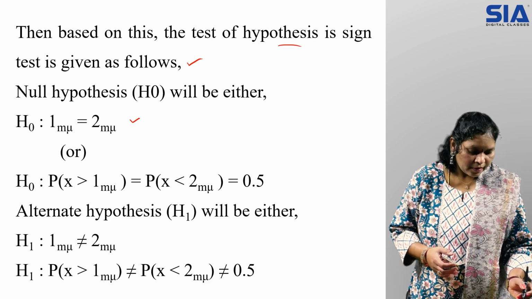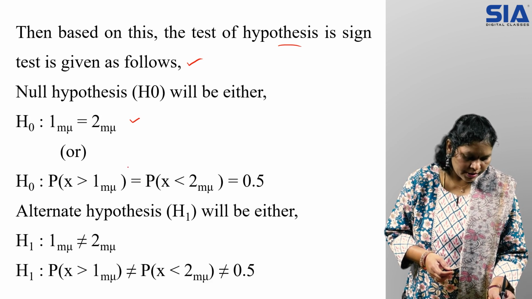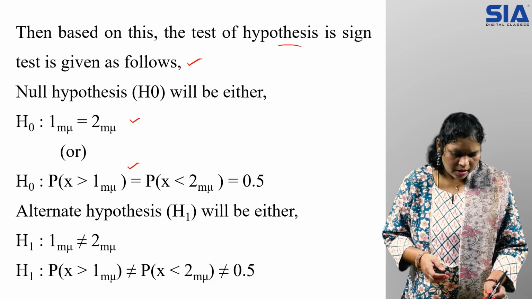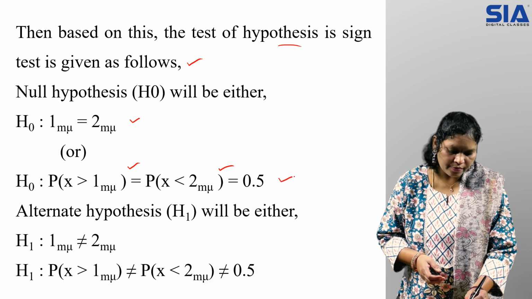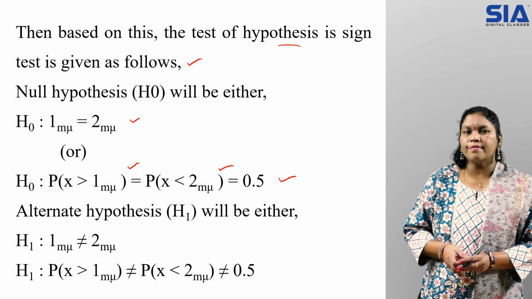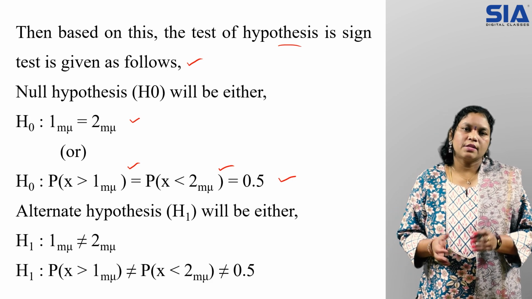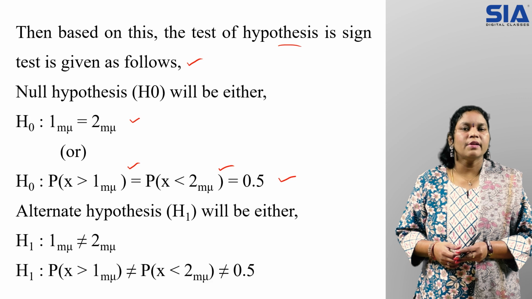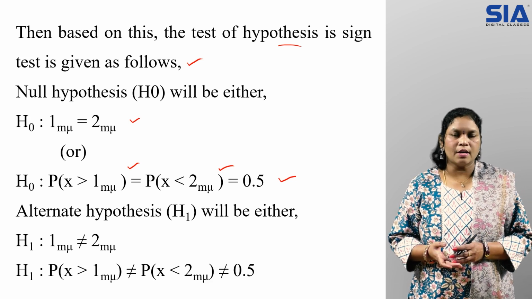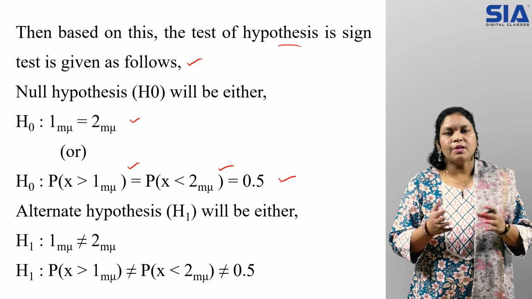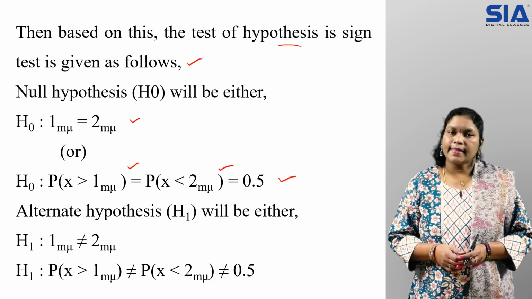Or one more assumption we can make: under H naught, the probability of x greater than mu 1 is equal to the probability of x less than mu 2, which is 0.5, because equal chances are given. We know that whenever equal chances are given, we consider the probability as 1 by 2, that is 0.5. I am giving equal importance to both. So that is your null hypothesis.